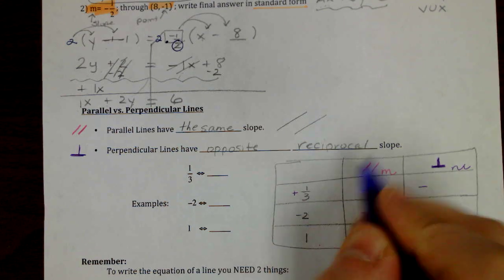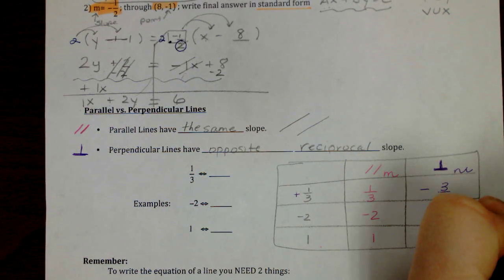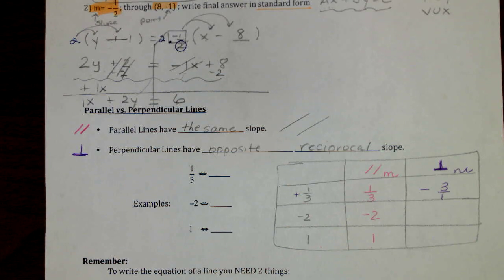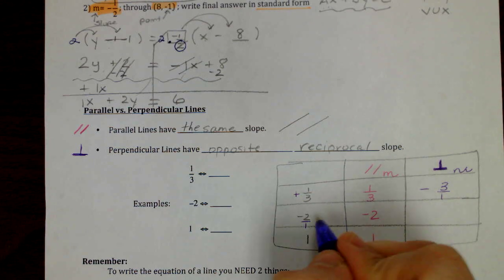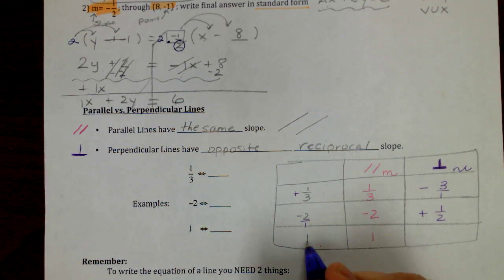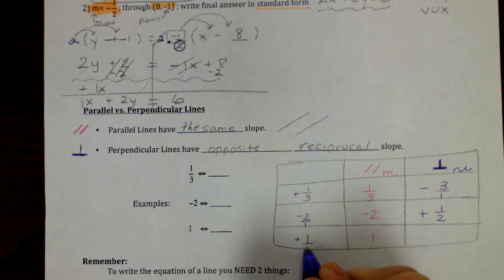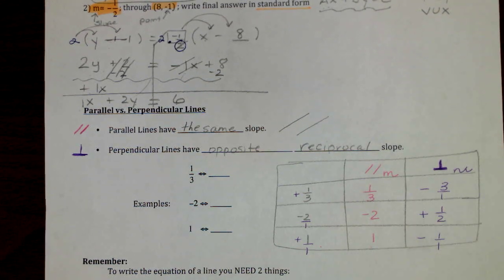And reciprocal means we take the 1/3 and we flip it over. 3/1. -2 we can put over 1. Negative becomes positive, so there's the opposite sign. 2/1 becomes 1/2. 1 is actually positive 1/1. So now I've got negative 1/1.